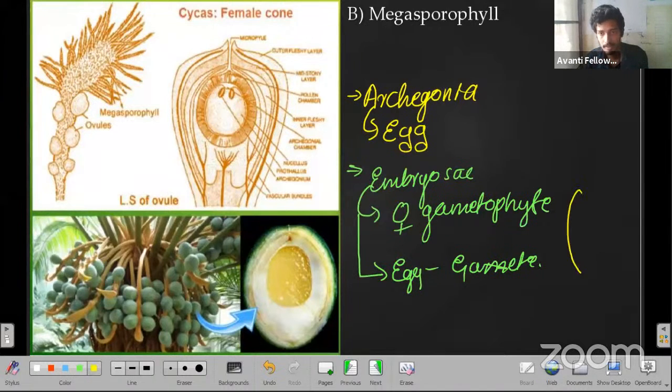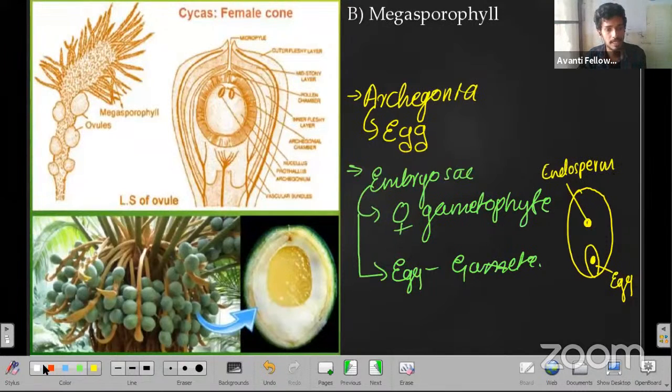I will write down something like this. Here one egg will be there, and here endosperm will be there. Can you guys tell me the ploidy of endosperm and the ploidy of the egg? I will tell you, Tejas. Just the seed part in cycas.